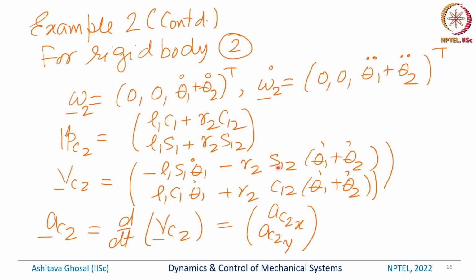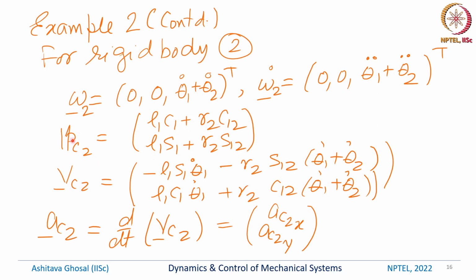So let's continue. For rigid body 2, we know that the angular velocity is nothing but 0, 0, theta 1 dot plus theta 2 dot. This is obvious. How about angular acceleration? It is 0, 0, theta 1 double dot plus theta 2 double dot. Both are vectors along the z axis.